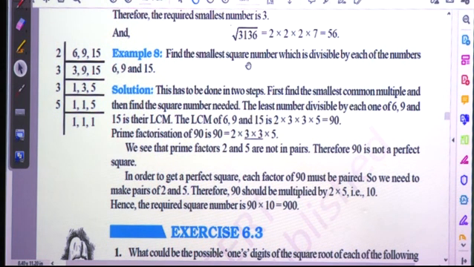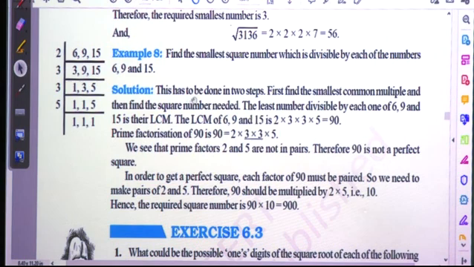Proceeding further, example 8. Find the smallest square number which is divisible by each of the numbers 6, 9 and 15.